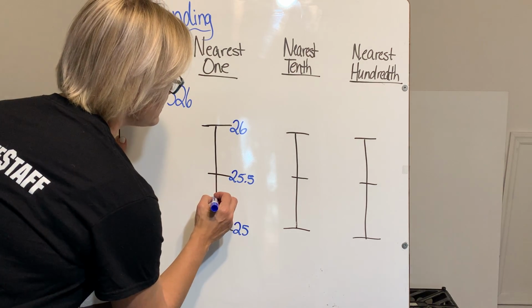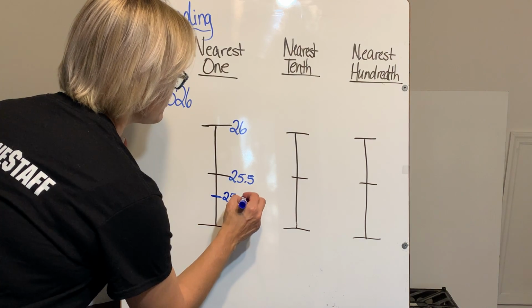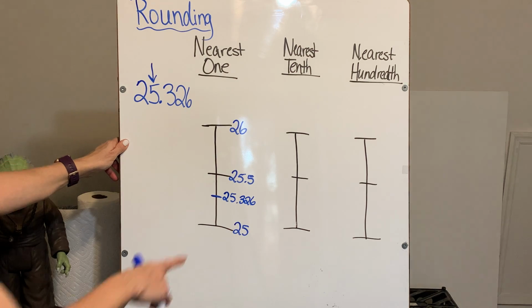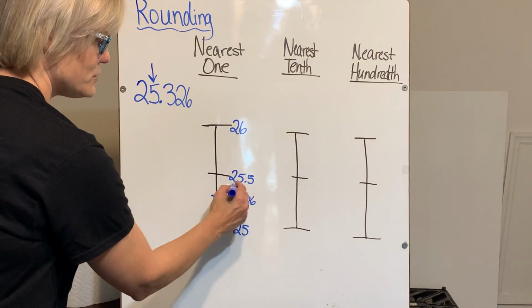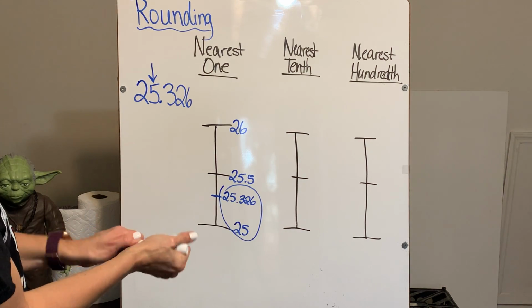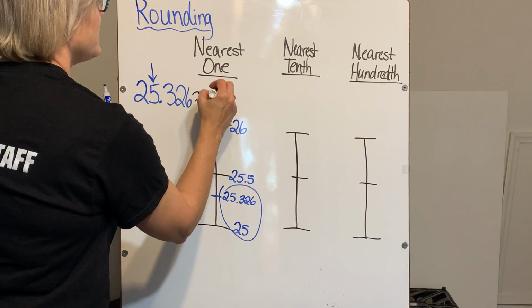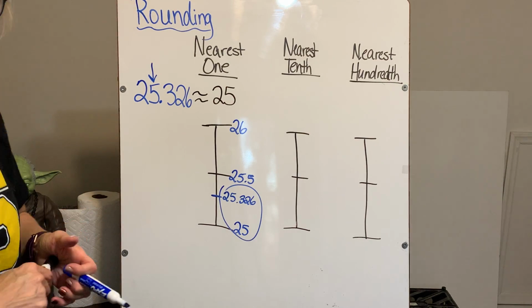So that's going to go below the middle line. 25 and 326 thousandths is going to go right here. Because it's closer to 25, it is approximately 25 when we're rounding to the nearest one.